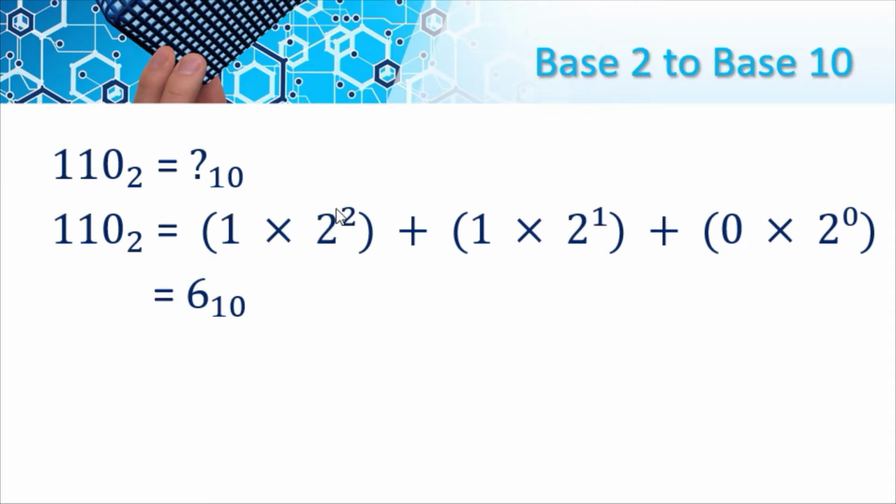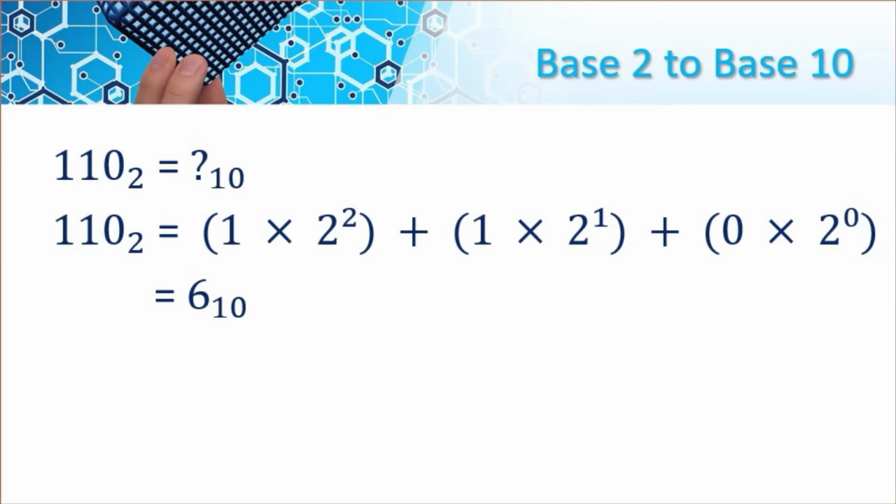So if we compute this all, we have a total of 6. Since this is 4 plus 2 plus 0, we have 6. So the answer for this sample problem is 6 base 10.